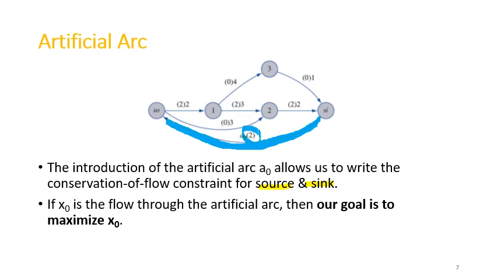Now the artificial arc goes back from sink to source. So we can try to maximize x0, which is equal to maximizing the things that we can push from source to sink through the network. Because if you think about it, x0 is all the amount that the sink receives.